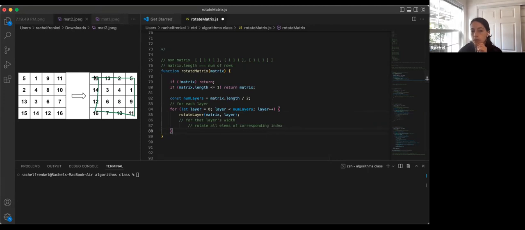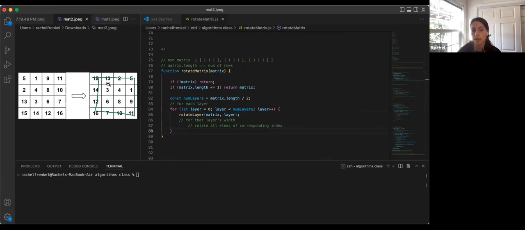So it's given this matrix and it says, okay, here's the matrix, and I'm giving you the 0th layer, which is the outermost layer. We could have it start from the inside and go out, but we're going to go from the outside, start in. So start from the 0th layer, which is out here, and rotate the whole thing.